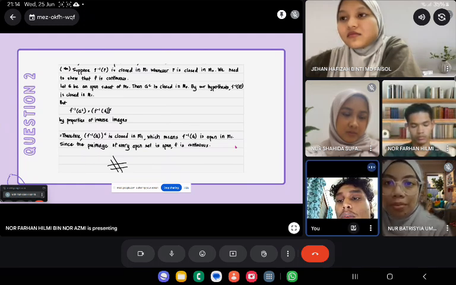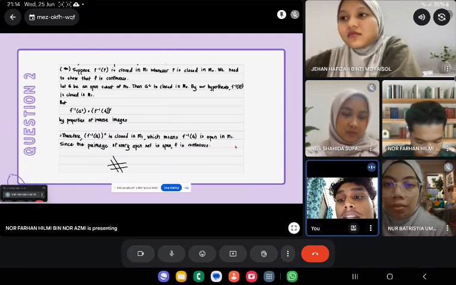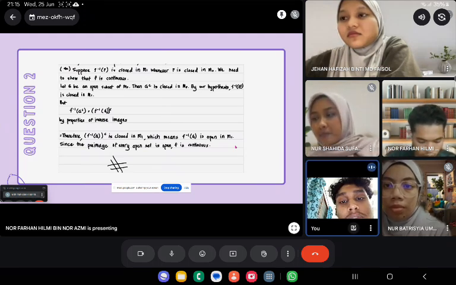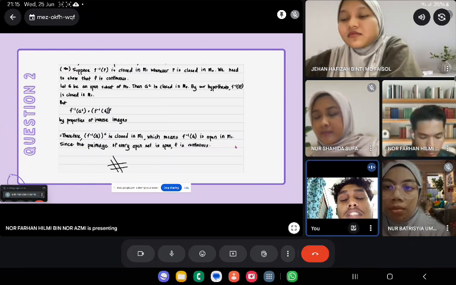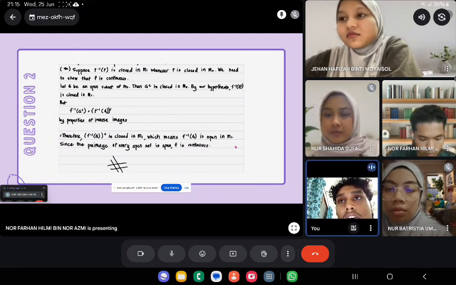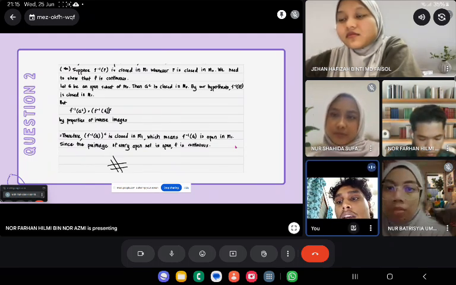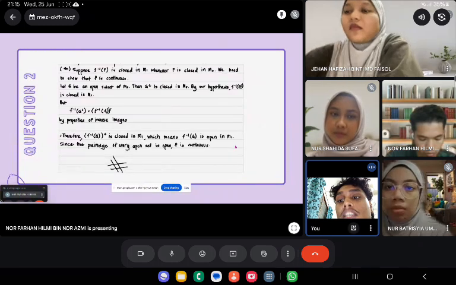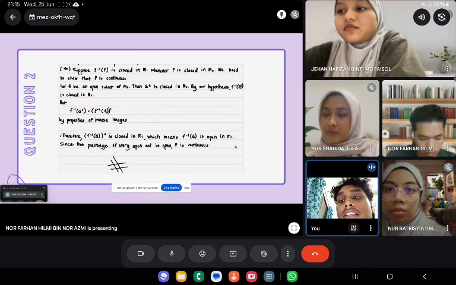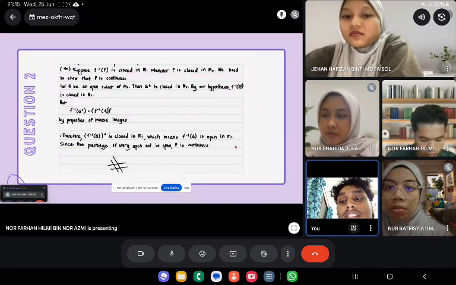To prove that, we let G be an open subset of M2, then G complement is closed in M2. By our hypothesis, f inverse of G complement is closed in M1. We use the same property as the previous one, which is that f inverse of G complement is equal to the complement of f inverse of G, by using the same properties of inverse images.